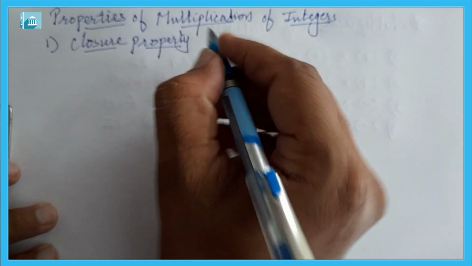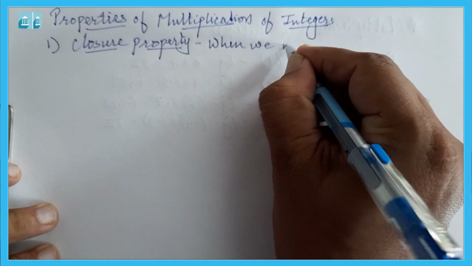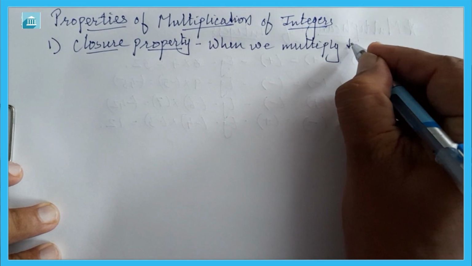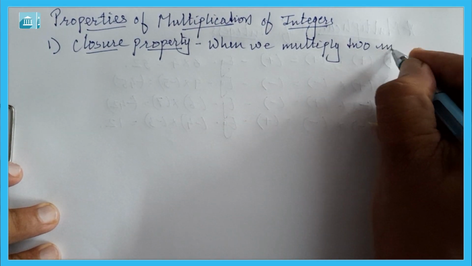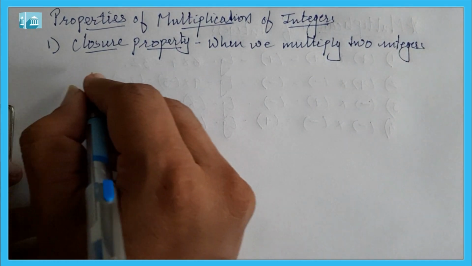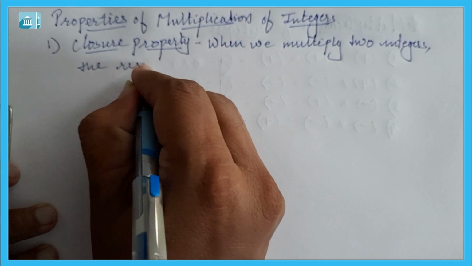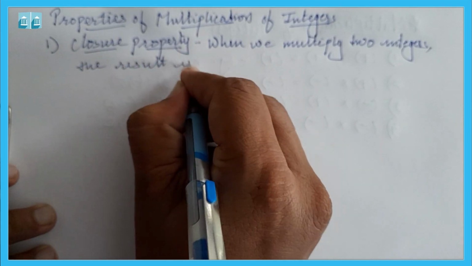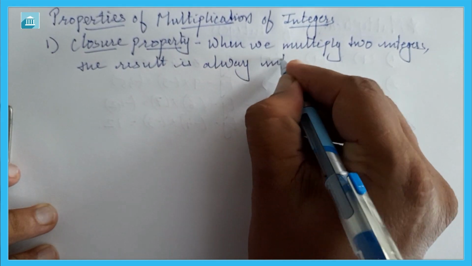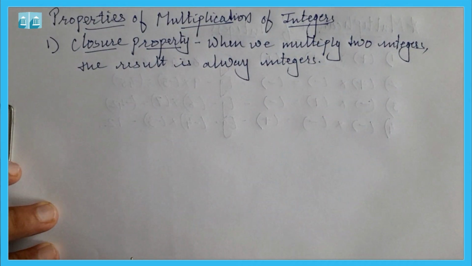In closure property, it is said that when we multiply two integers, the result is always an integer.